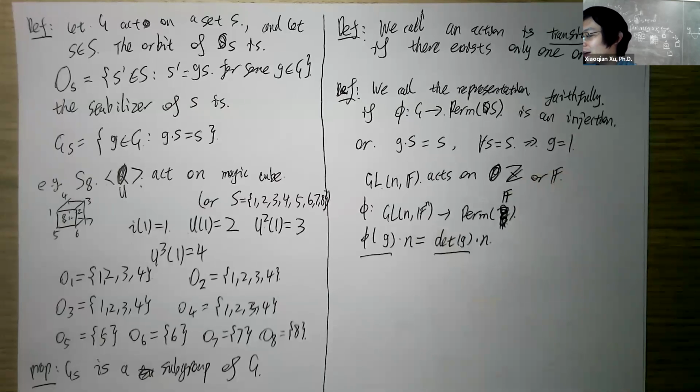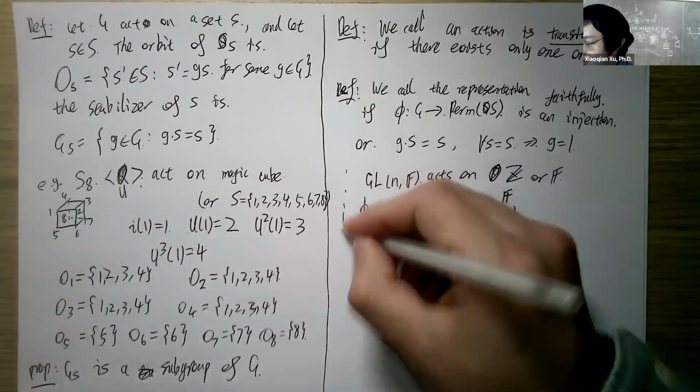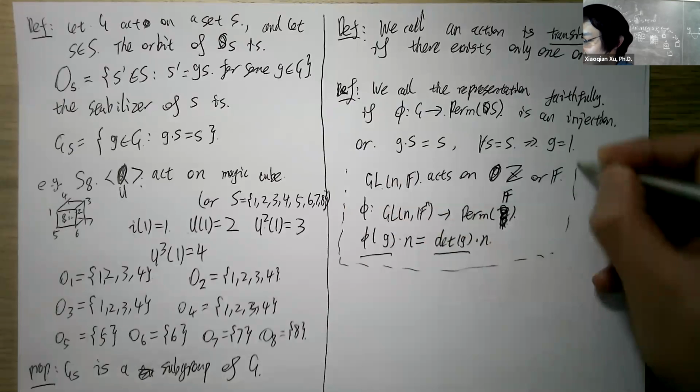But you cannot really say there is some relation between the elements of these two sets. You can just say that you lose a lot of information, no more than that, under this representation. Okay, so this is just an example.